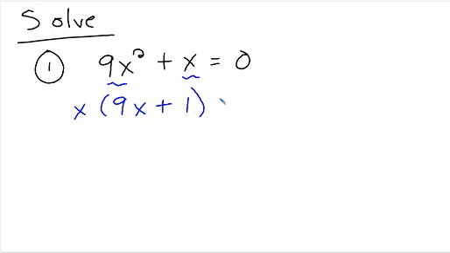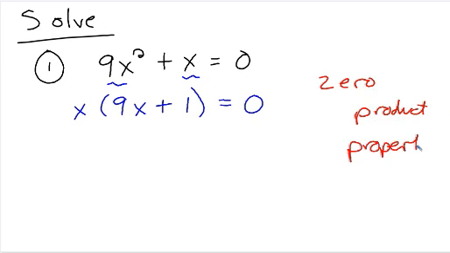But now we are solving an equation, so I keep this equal to 0. Well, there's a little property called the zero product property that allows me to do this. Split this into two separate equations. 9x plus 1 equals 0, and whatever this thing is equals 0.